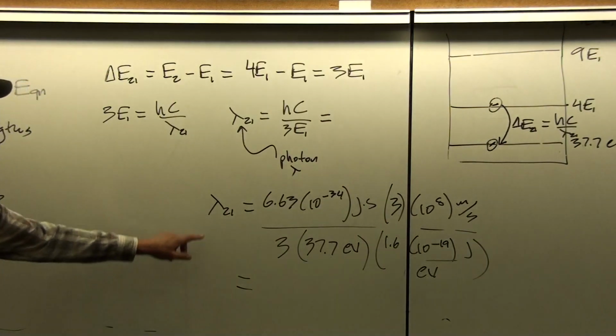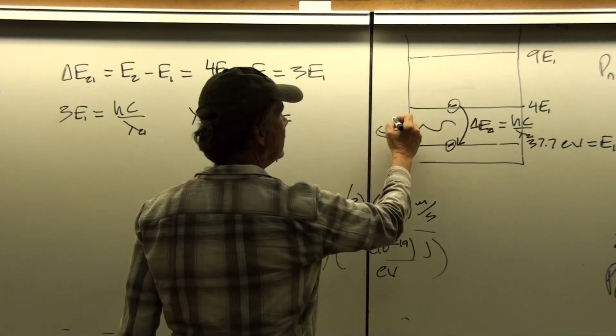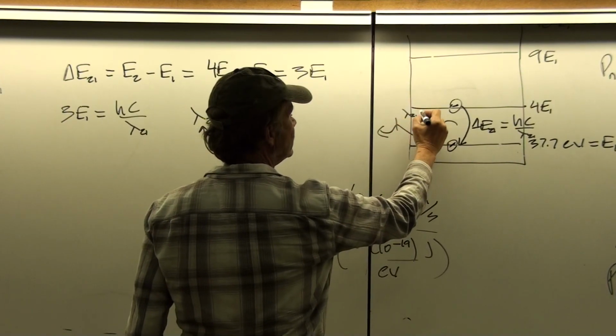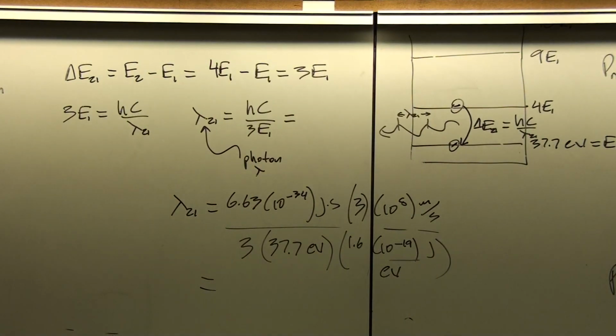That's a way I could calculate the wavelength of the photon, lambda 2,1, that's given off when the electron makes that transition.